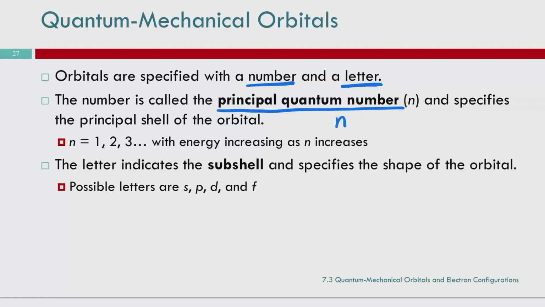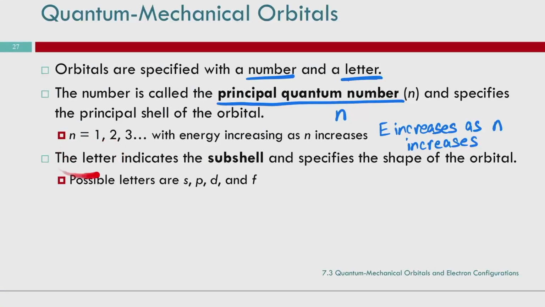N equals 1 is our closest level, 2 is outside of that, 3 is outside of that, 4 is outside of that, and those are higher energy as n increases. So energy increases as n increases. N equals 1 is our lowest level, and you can count up as much as you'd like.